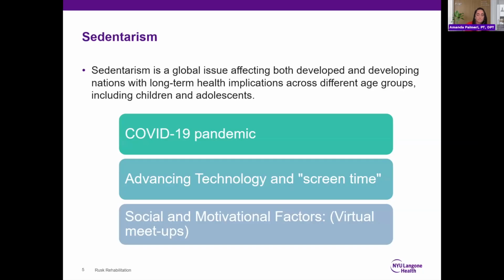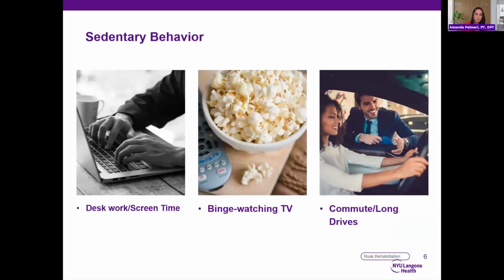And so in that, we may not have the need to venture out, travel places, meet up with family and friends. So for these several reasons, sedentary behavior has increased likely over the last several years.